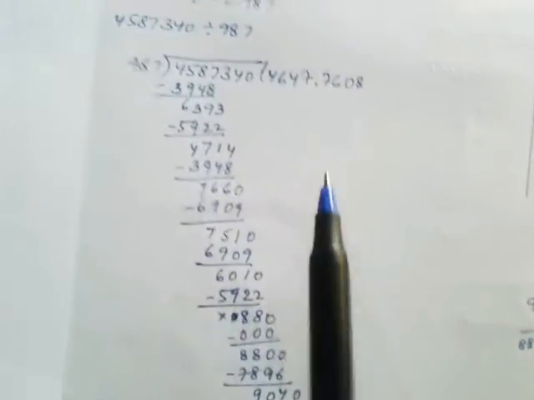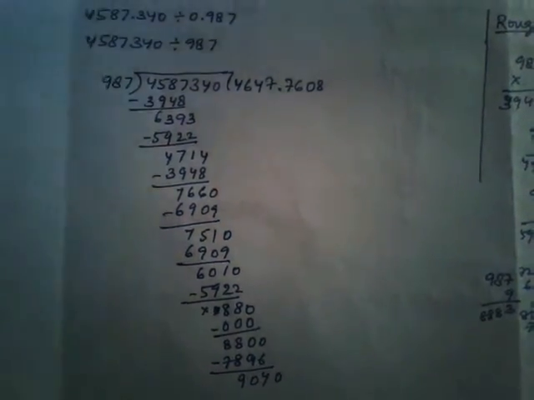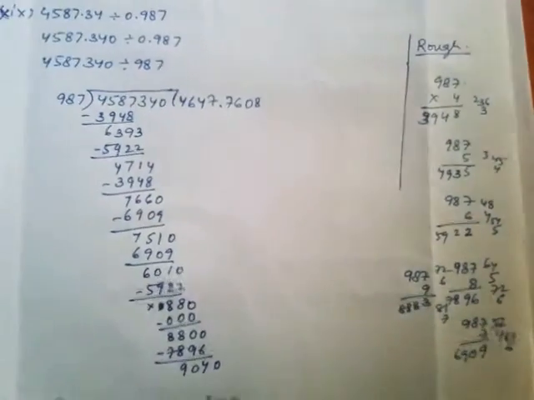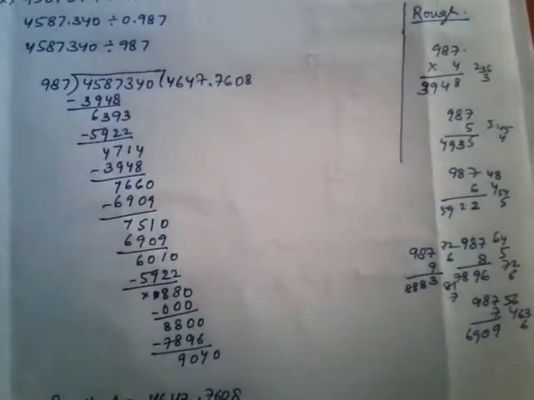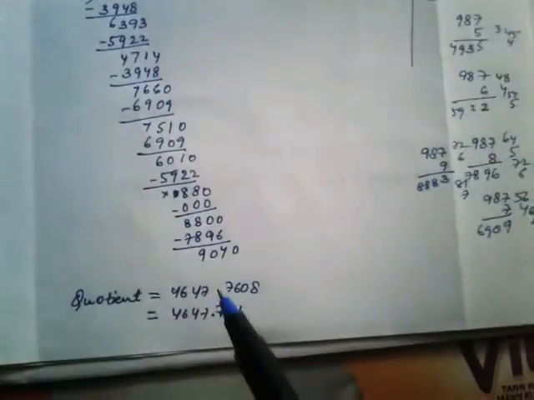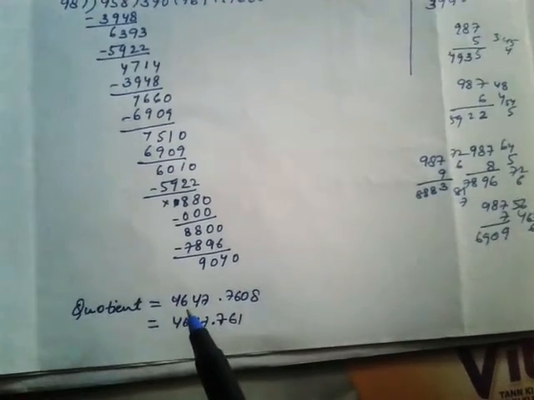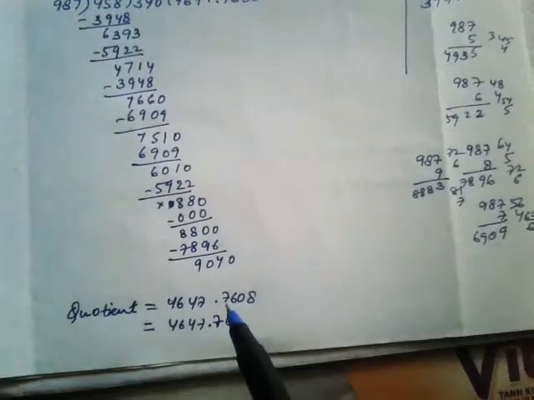When we divide, you have to divide by yourself, and I don't explain how I get this answer. When we divide, I did some rough work also. I showed this one, so you can solve with the help of this one. And our answer is 4,647.7608.